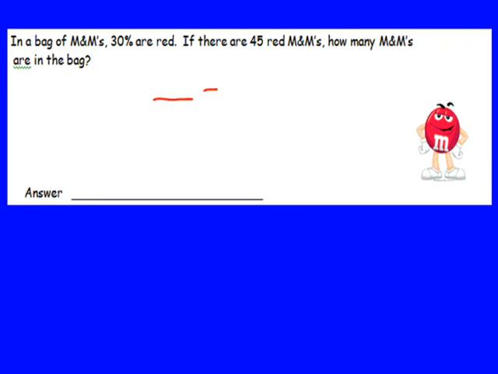So we're going to use a proportion to solve this. Let's look at what we know. We know that 30% of the M&Ms are red. And we know that 45 of the M&Ms are red, and that represents 30%. What we don't know is the total number of M&Ms in the bag.